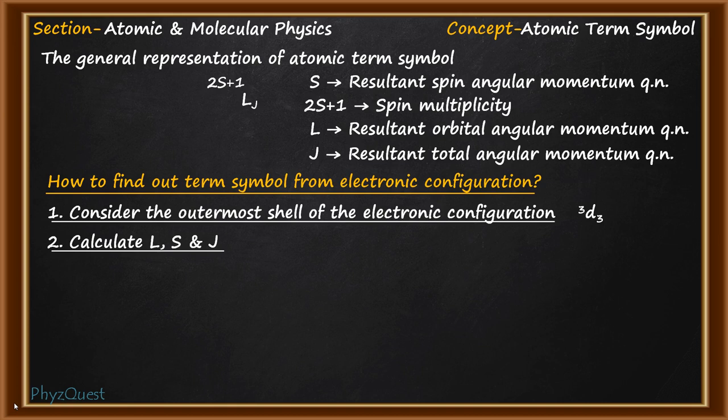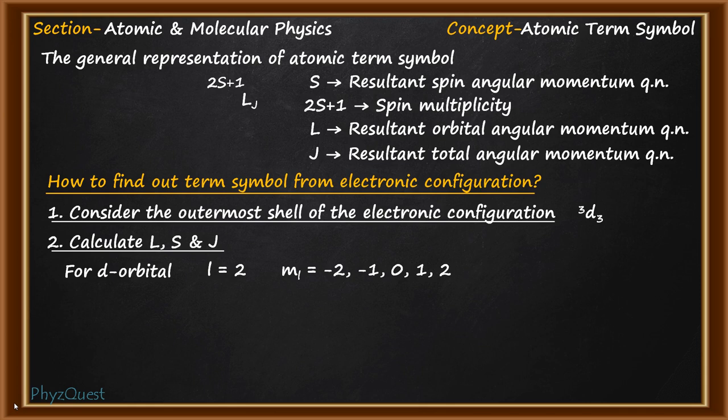We are given the orbital 3d3, so it is a d orbital. For a d orbital, the azimuthal quantum number L is equal to 2 and the corresponding magnetic quantum number ml will be -2, -1, 0, 1 and 2.